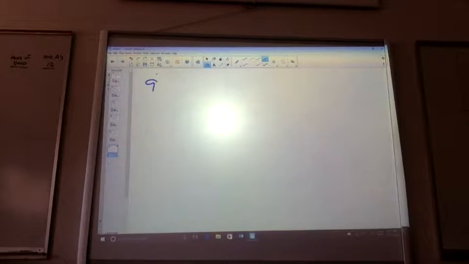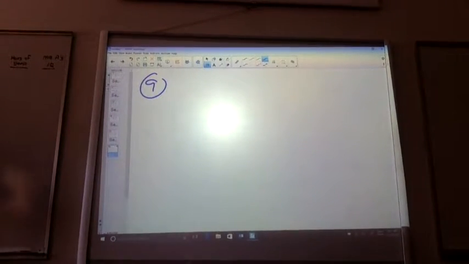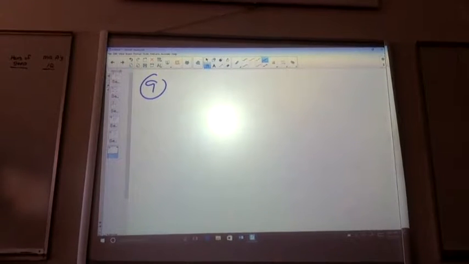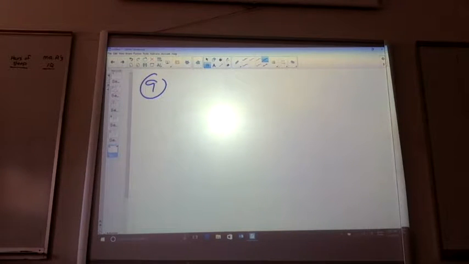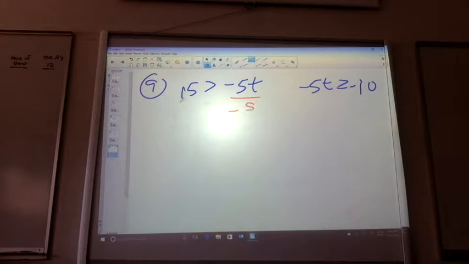9. I'm going to go kind of quick through these. Number 9, we got 15 is greater than negative 5t. I'll just write it as two problems now. So I have that. Divide by negative 5.